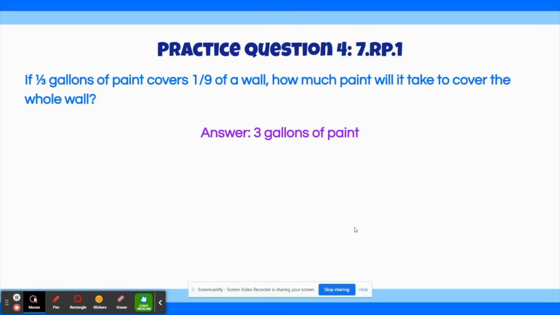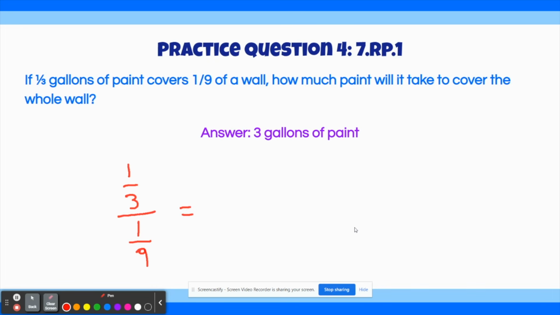Okay, so our answer is 3 gallons of paint. If you got it correct, you can use the timestamp to skip to the next question. So we're going to solve this problem by setting up a proportional relationship. So we know that 1 over 3 gallons of paint is enough to cover 1 over 9 of a wall.